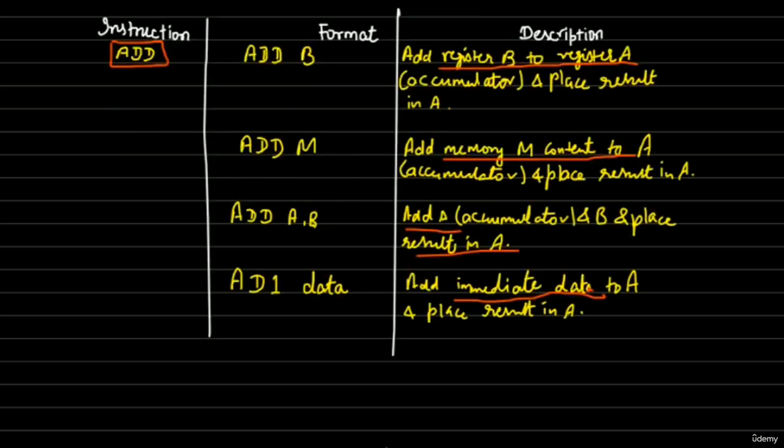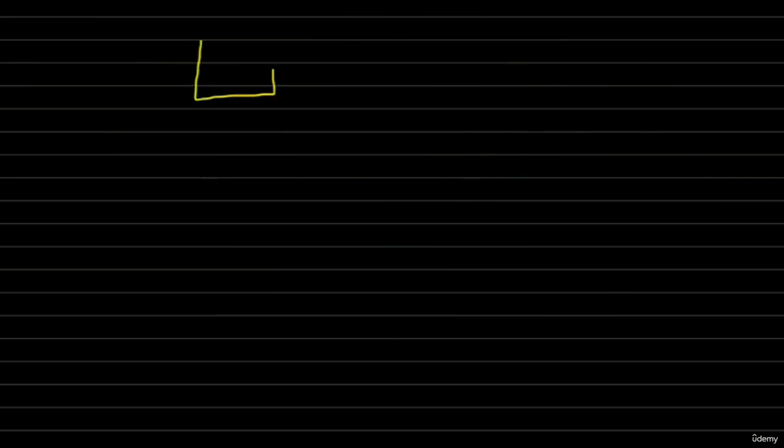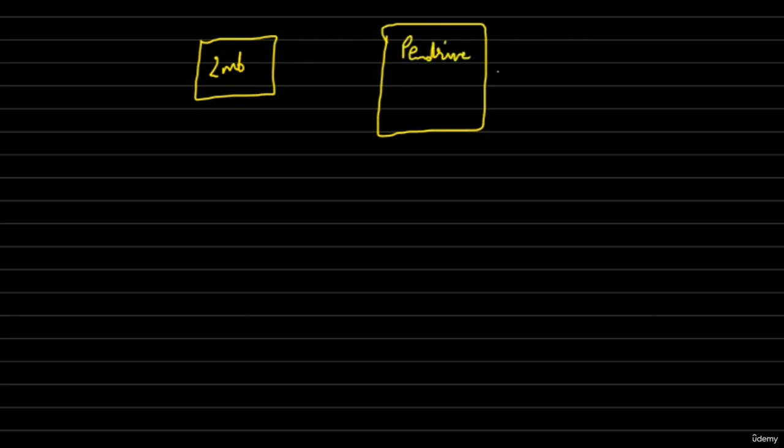Now let's see what happens in the second one. We are adding the memory M to the content of A. What does it actually mean? Let's say we have a 2 MB file, and you have a pen drive with 2 GB of free space. You can copy and paste it, or cut and paste it there.